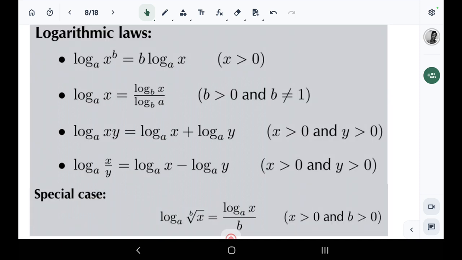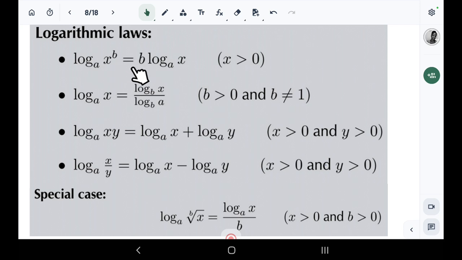Next, let's look at logarithmic laws. Now that we've looked at exponential laws, let's look at how that translates to logarithmic laws. Now, if you've got the log of a power, x to the power of b, in this case, to the base a, where a can be anything except 0, of course, because we have a restriction for that one.